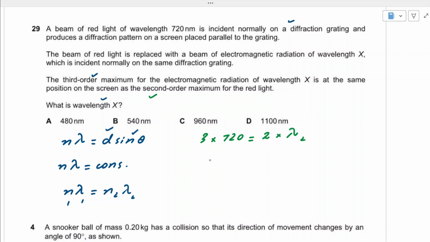We don't know. So 3 times 720 divided by 2. In 2 SF we get 1100 nanometer.